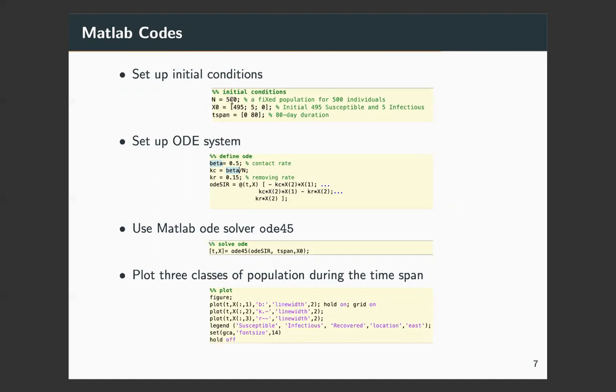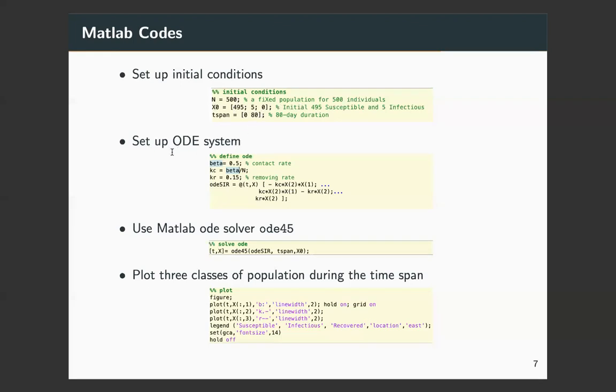We set up N equals 500 and x naught, which is the number of S, I, and R at the beginning of the time, which here is 495 susceptible individuals and 5 infectious individuals. And then we set up the time span of the model, which here starts with day 0 and ends with day 80.